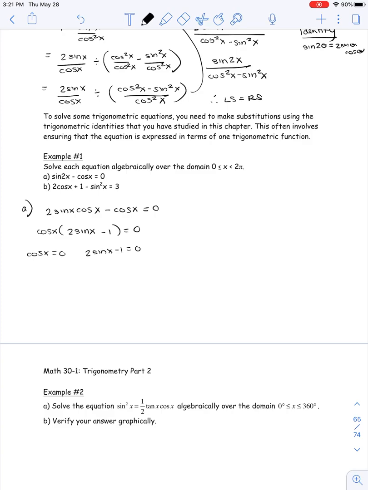Cos x we know is 0 at 90 degrees and 270, so x is equal to pi over 2 within the domain of 0 to 2 pi, so we're in radian mode, and 270 is 3 pi over 2. So that's pi over 2 and 3 pi over 2 on the quadrants.